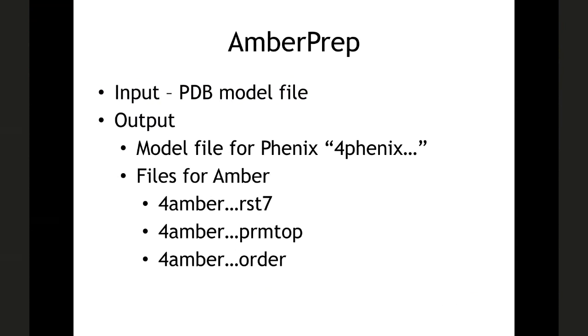So this has the information of the force fields for each atom in the model. And then the order file is a Python mapping between the order of the atoms in Phenix and the order of the atoms in Amber. So we're hoping that the RST7 file will go away, and you'll only have to keep track of 2.